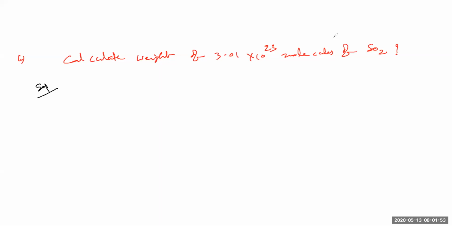It doesn't ask moles now, just weight only. No need to multiply it with Avogadro number. What is the answer? 3.01 is the wrong answer.